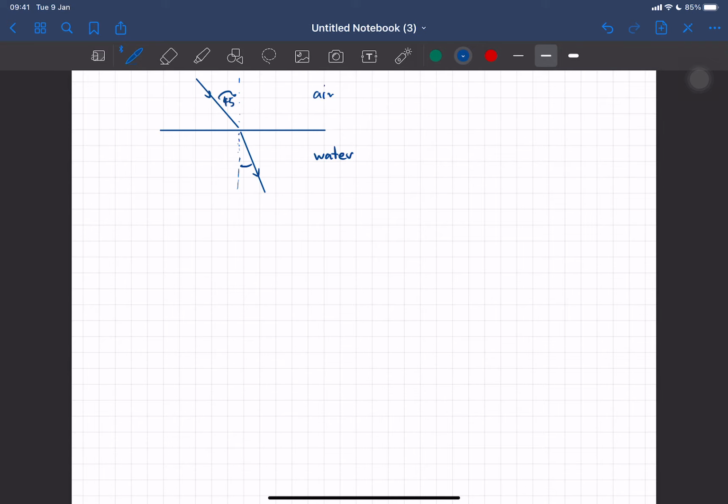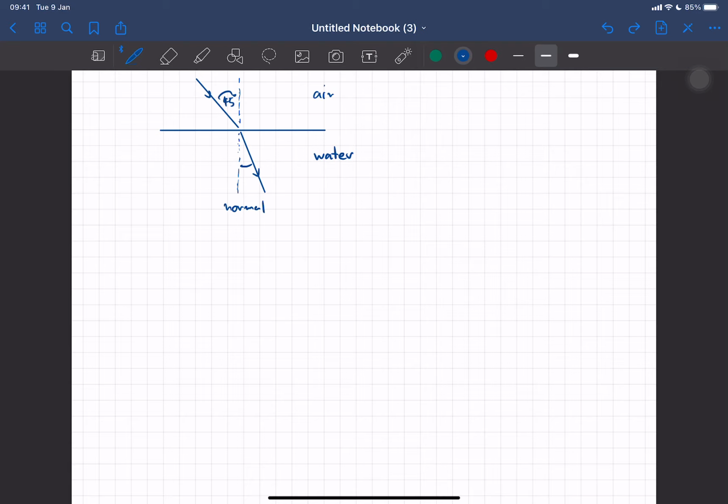So in this case, you're going from low index to high index, and the light beam will refract towards the normal line here. Okay, if it's the other way around, let's say you're going from water to air, which is high index to low index, then it's going to bend away like this. Okay, but this is also captured in Snell's law.